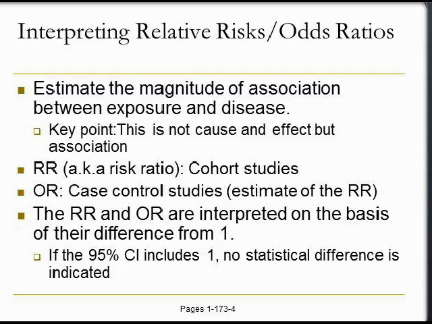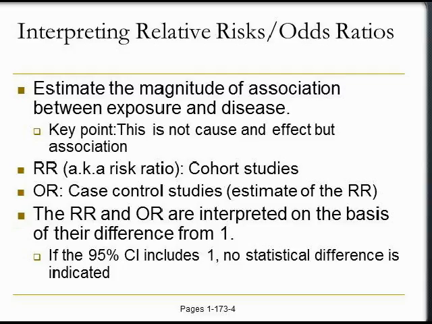Remember, relative risks, also known as risk ratios, are for cohort studies, and odds ratios are for case control studies. The relative risk and odds ratios are interpreted on the basis of their difference from 1.